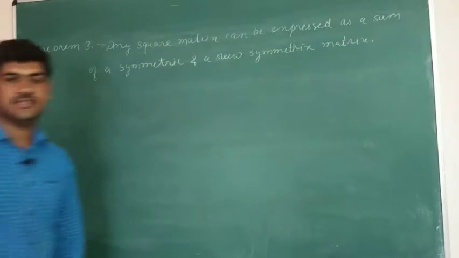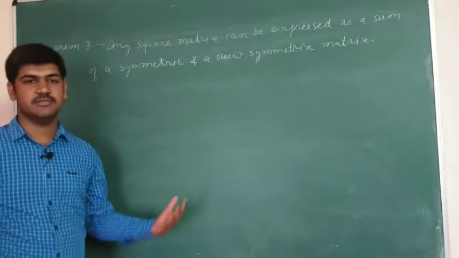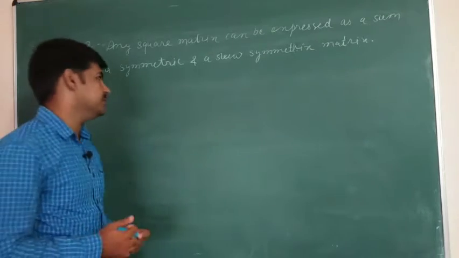So any square matrix can be expressed as a sum of symmetric and a skew symmetric matrix.